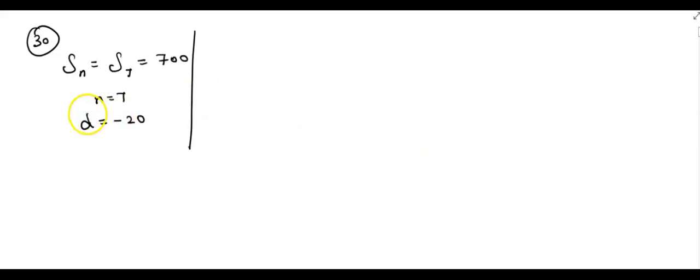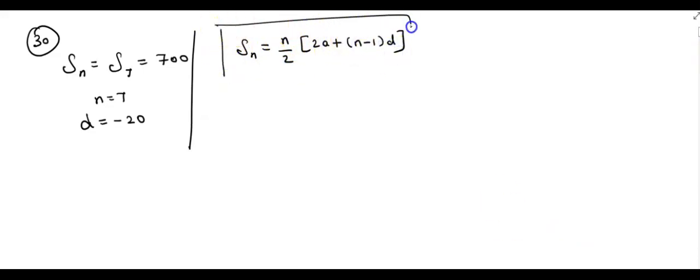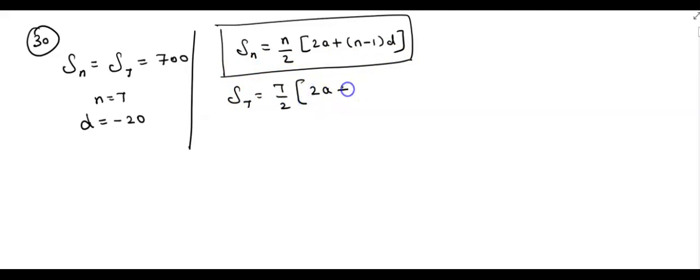Now, do you know the first term here? We don't know. But still we can use the formula. Sn is equal to n by 2 into 2a plus n minus 1 into d. Shall we use this formula? S7 is equal to 7 by 2 into 2 into a, we don't know, keep it as it is, plus n is 7 minus 1, common difference is minus 20.